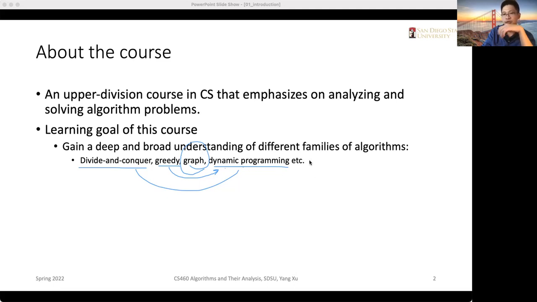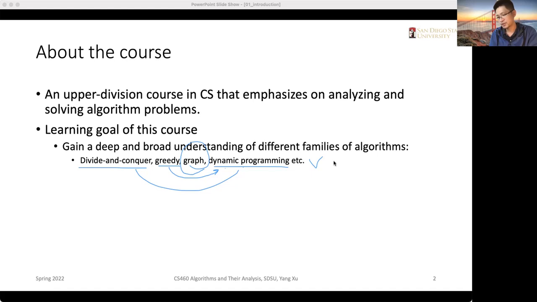Okay. But other than that, for this semester, we are also going to step into several basic data structures like binary search trees. And in order to fully introduce all the implementation details, we will also look at stacks, queues, and priority queues.